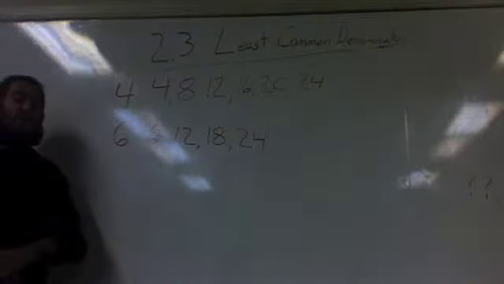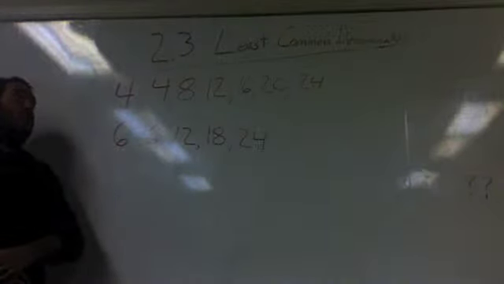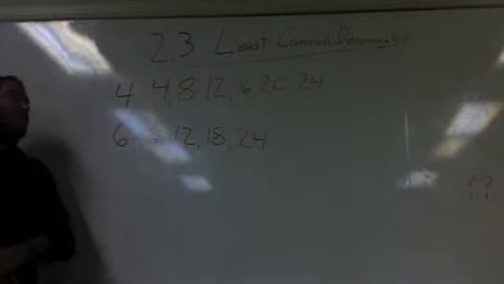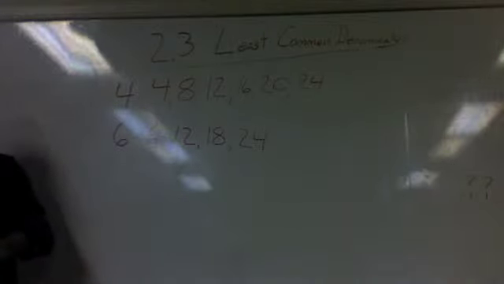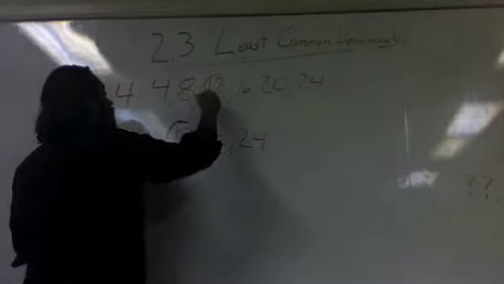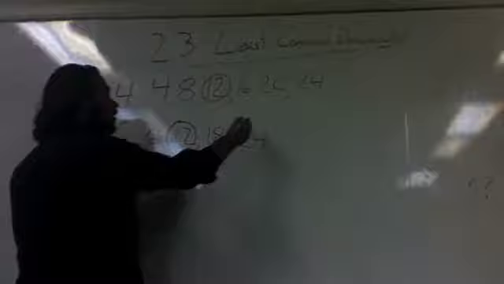And then write the multiples of 6. Again, it's important to remember that these multiples would keep going on forever. There is no end to it. But we're only interested in multiples that the two numbers have in common, and we're looking specifically for the least one, the one with the smallest value. If we look at the numbers we have up here, both of these numbers have 12 as a multiple, and also 24.